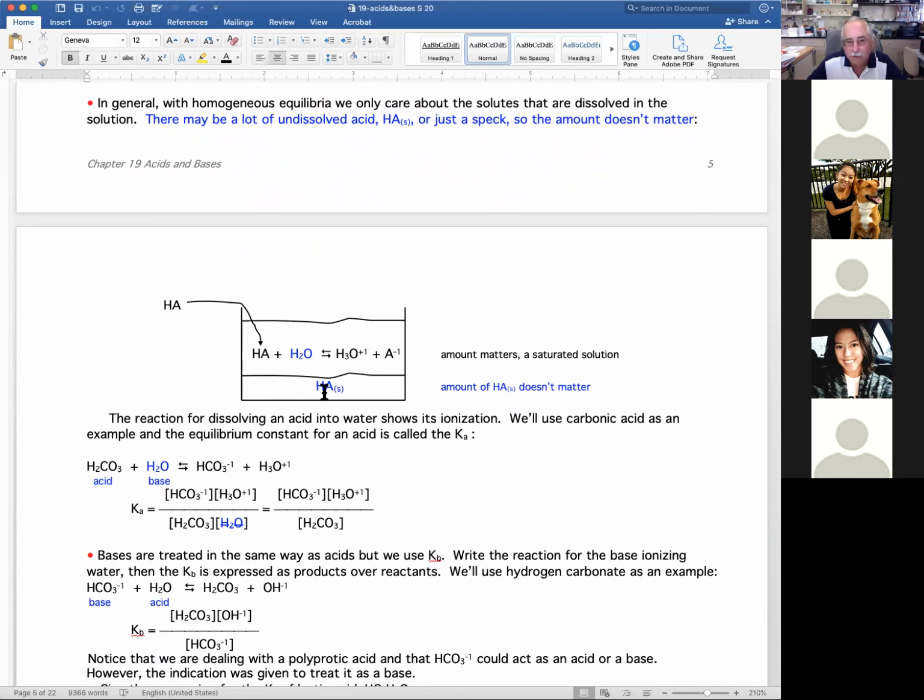The acid will just go to the bottom. It doesn't matter how much is down at the bottom. If this is a speck or if it's 1,000 grams, this will simply be a saturated solution, no greater. So this would be variable when we don't want a variable in there, we want a constant.